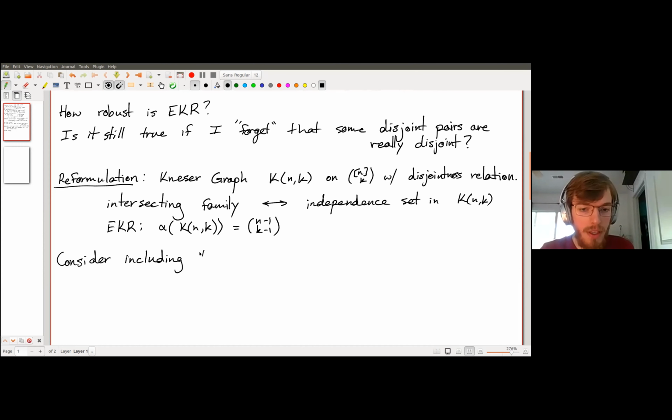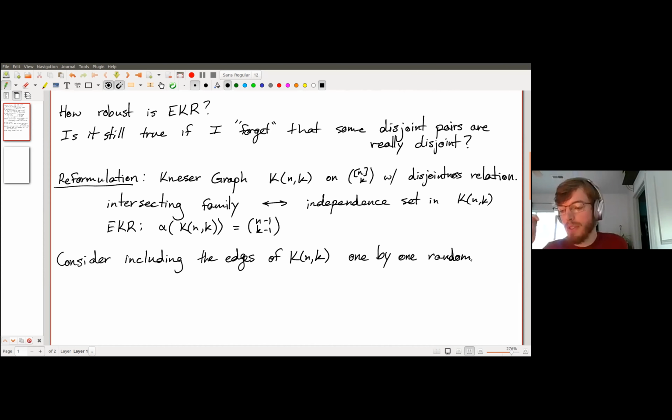So consider including the edges of the Kneser graph one by one in a random way. The Kneser graph has a lot of edges. We start with no edges, and we throw in edges one by one. Our question is, when do we expect the Erdős–Ko–Rado theorem to hold?